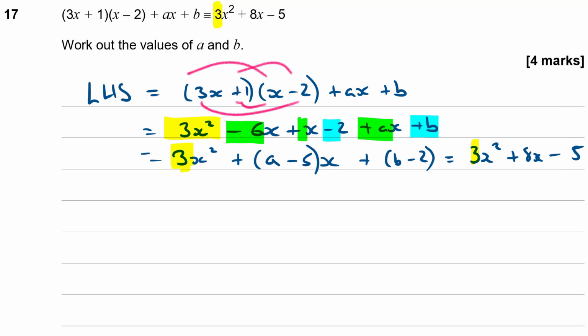So that bit and that bit are identical. And then my a minus 5 lots of x has got to be equivalent to that 8 there. And finally, I've got a b minus 2 on the end, and that's got to be equivalent to this minus 5 here. So now I can equate coefficients. I can say my 3's are equal to my 3.